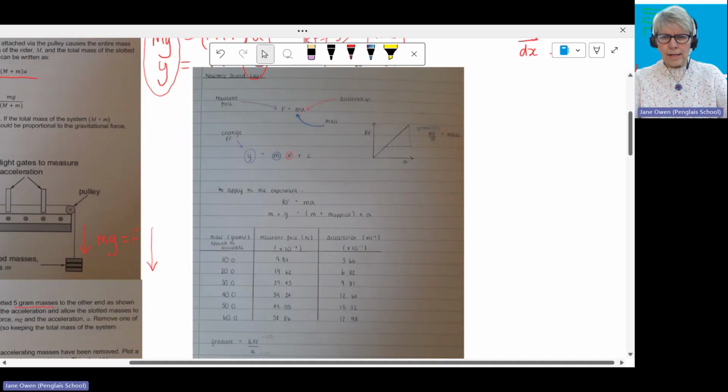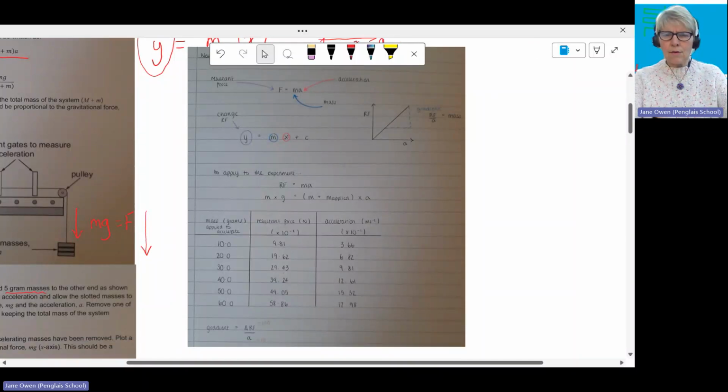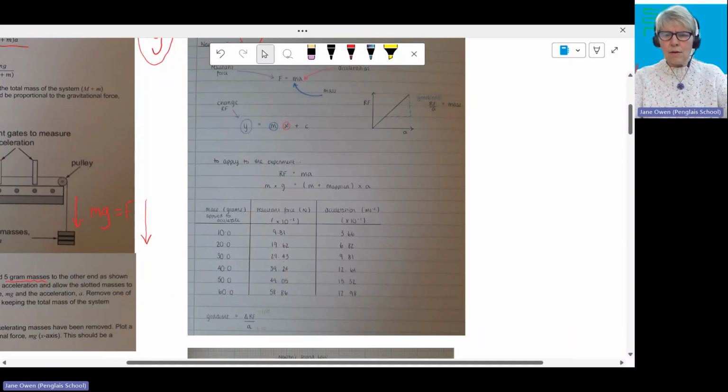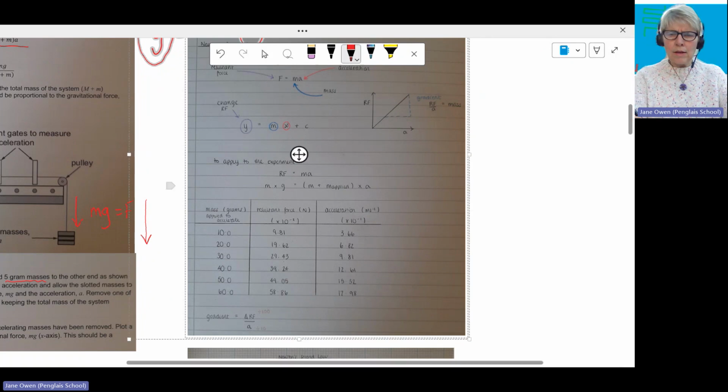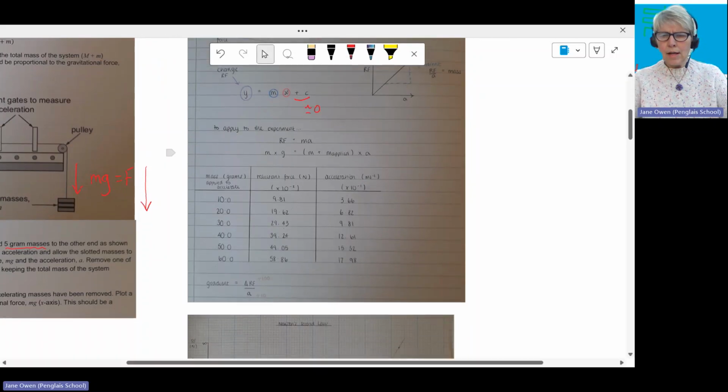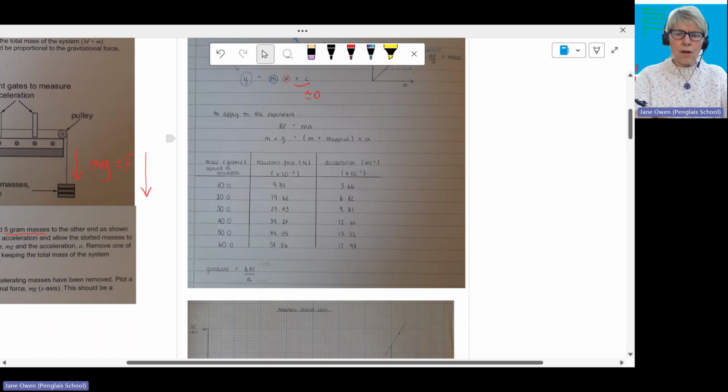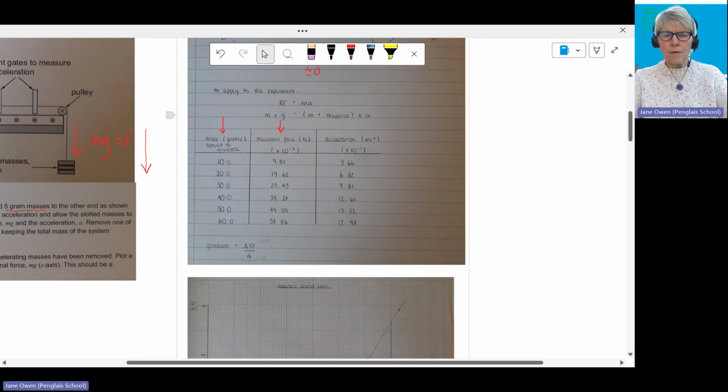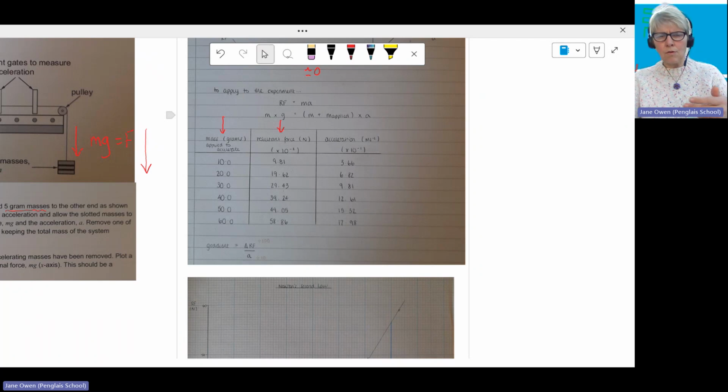So this candidate here has related y equals mx, noted that c here should be equal to or close to 0. And they've changed their masses and converted their mass in grams into newtons. So first of all, divide by 1,000 to get it into kilograms, and then times it by 9.8 to get it into newtons.